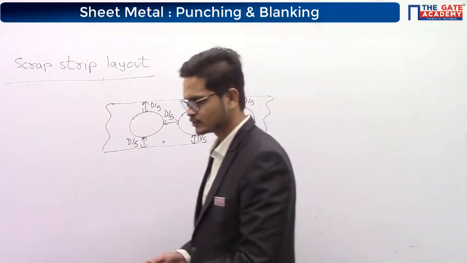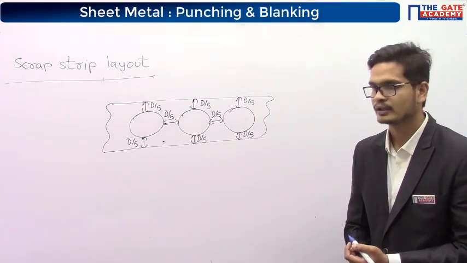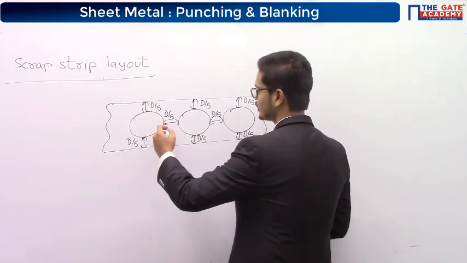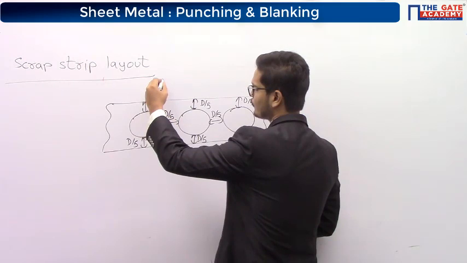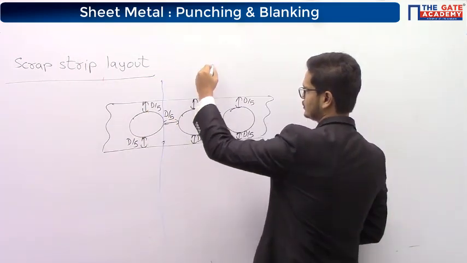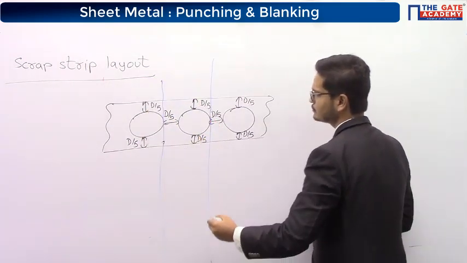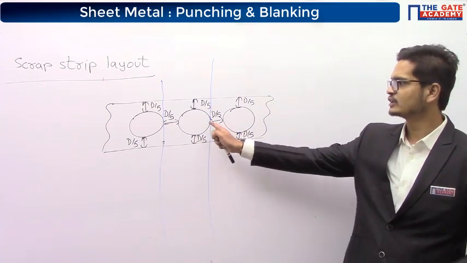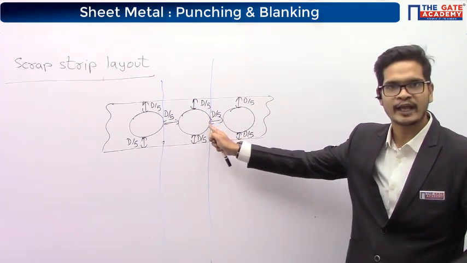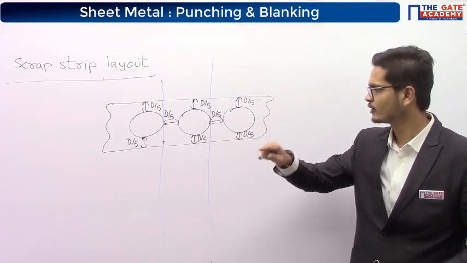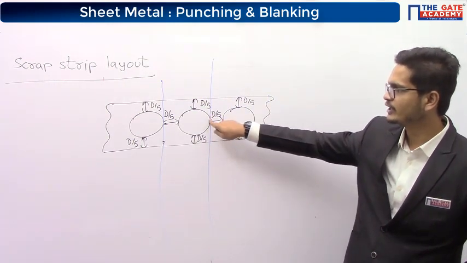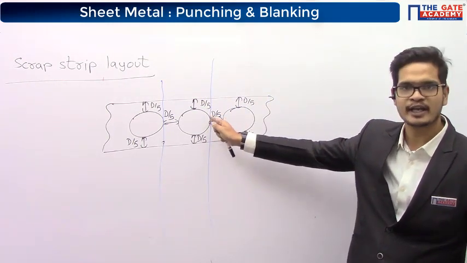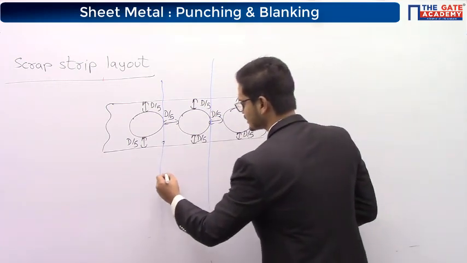First, have a look. What is the feed in this case? In the previous diagram, I had taken the feed as the end of one blank. Similarly, here also I am taking the feed as the end of this blank. So how much is this distance?